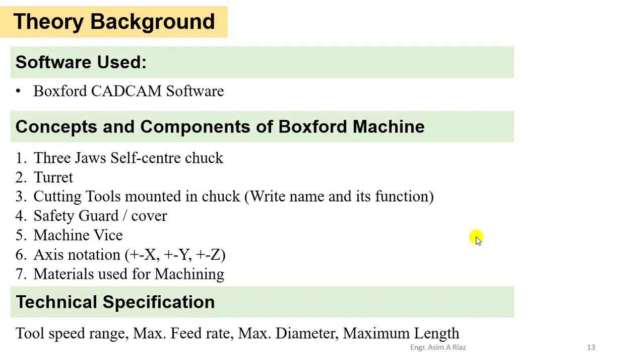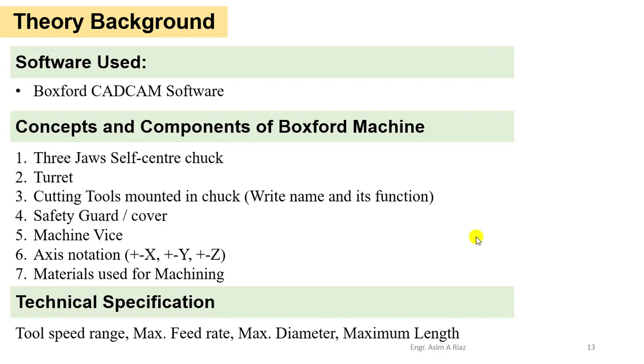Machine vise, again, is used to hold the workpiece in case of mill mode. Axis notation: the machine jog turret or work holding assembly is labeled with plus minus X, plus minus Y and plus minus Z. It basically shows the direction of the feed motion.